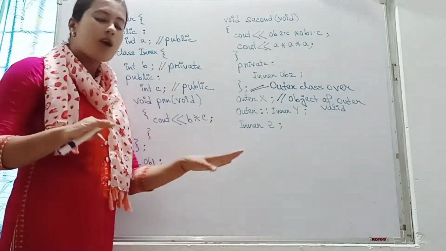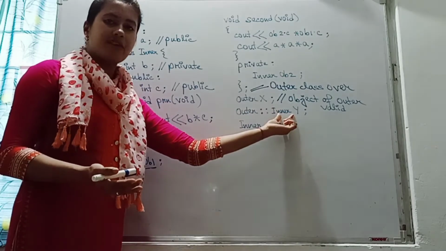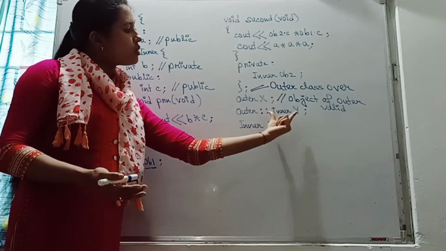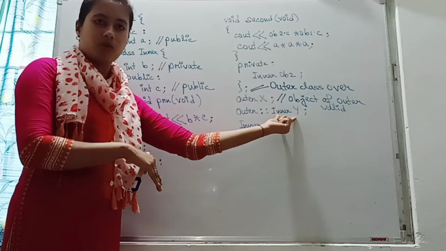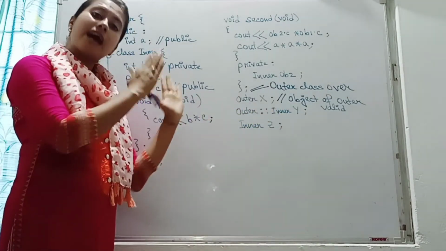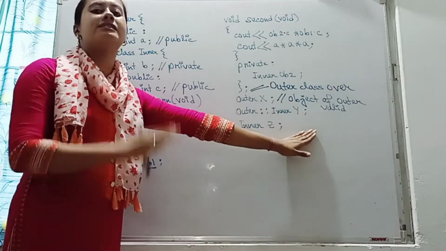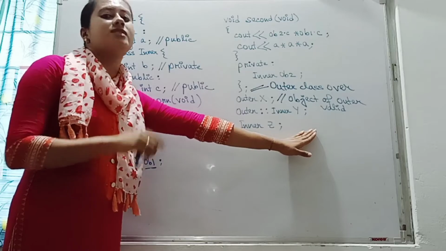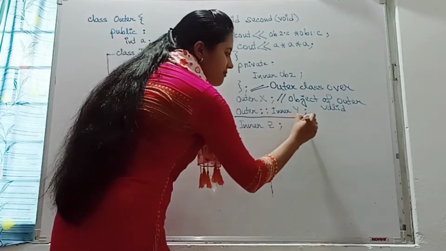If there is no outer, then there could not be any inner class. This outer class is defining the inner class. So we cannot solely define an object with the inner name. Okay. First we have to write the outer, then by the scope resolution operator we have to write the inner, then we have to give the name of the object of the inner class. So this must be the definition.